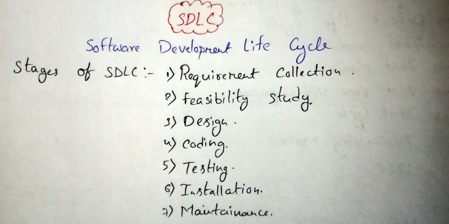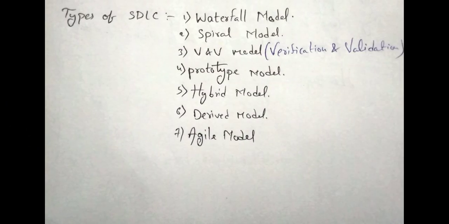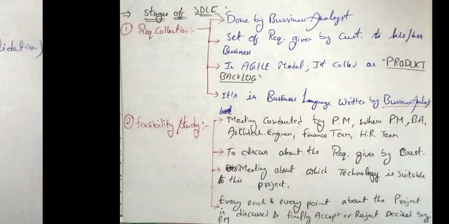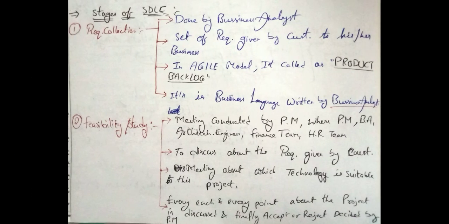Don't be confused between the stages and types. In types we have the waterfall model, spiral model, V and V model, verification and validation model, prototype model, hybrid model, derived model, agile model. These are the methodologies to develop the software. We will discuss them deeply later. Today's topic is stages of SDLC.